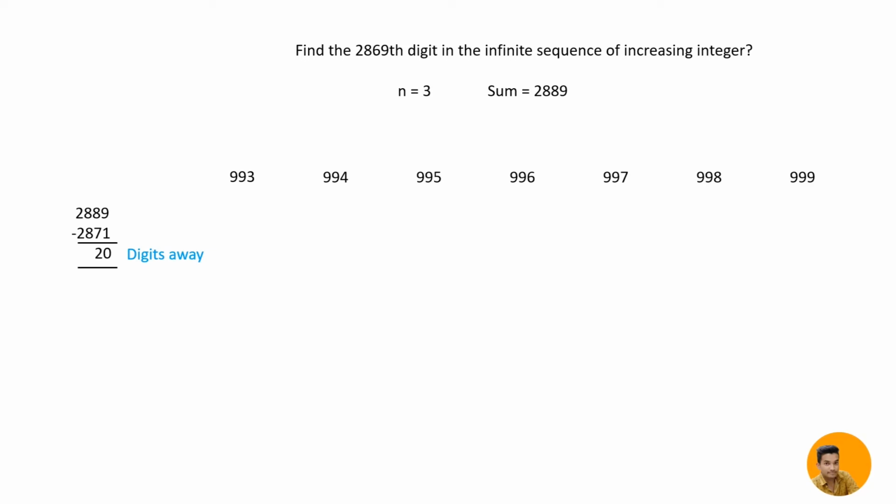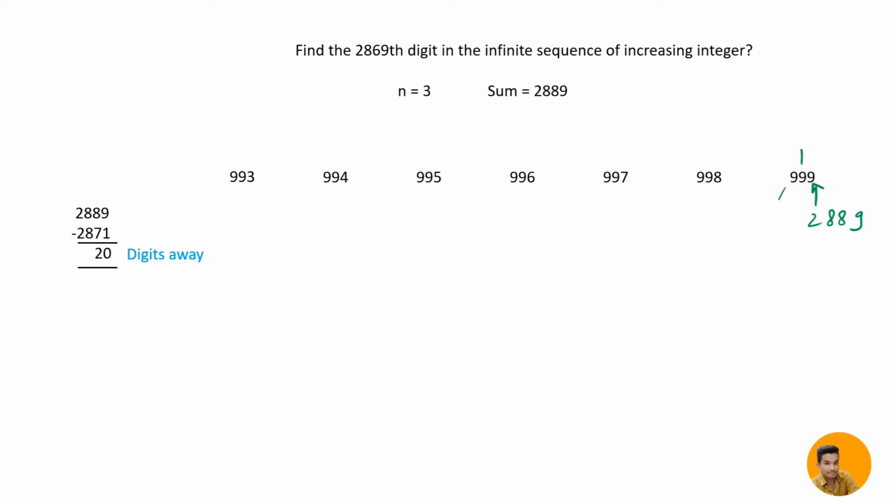Then I simply subtracted. I know that this is 2889 and how far is it? It is 20 digits away. You can again do it like how I did.